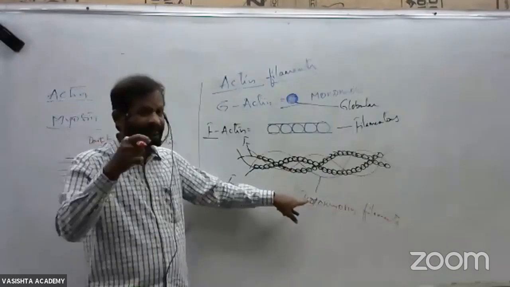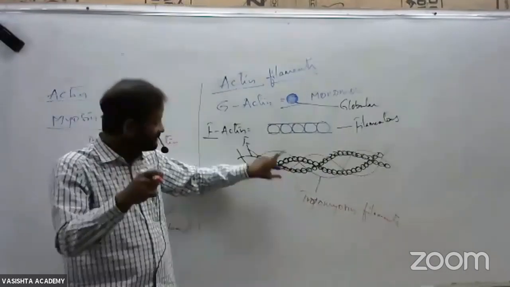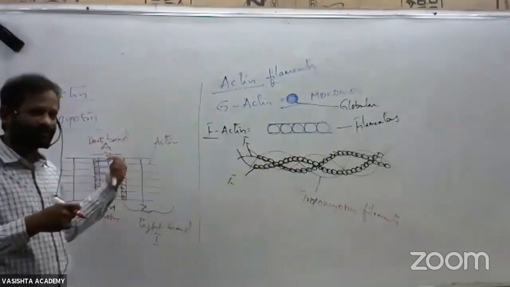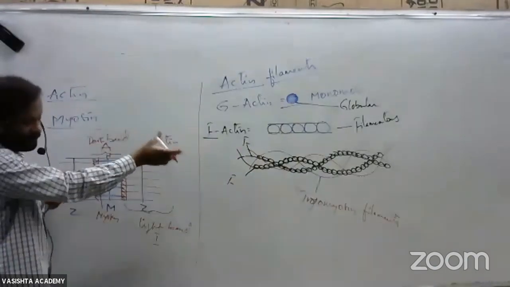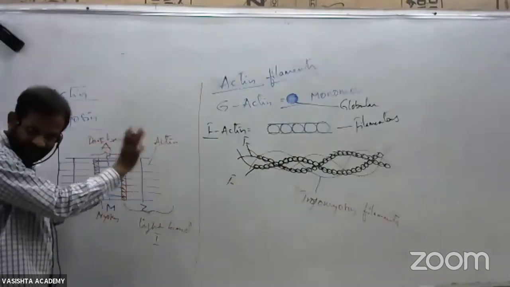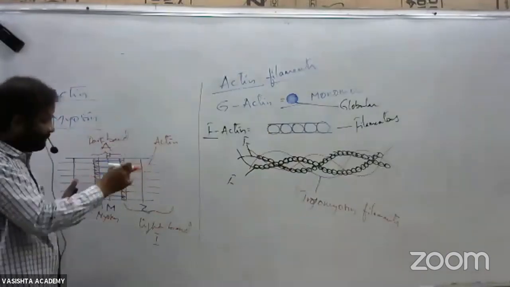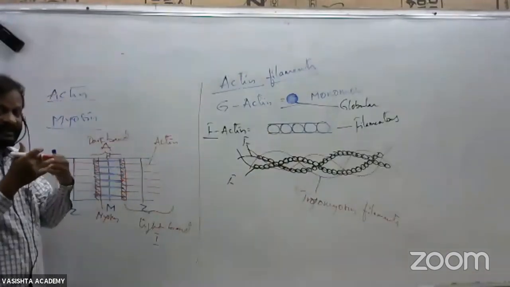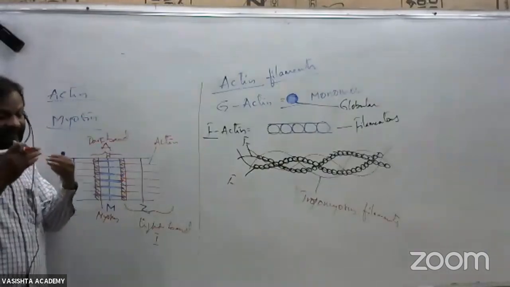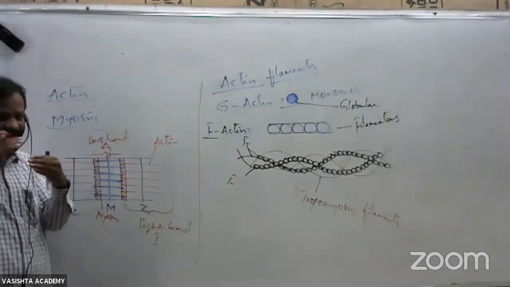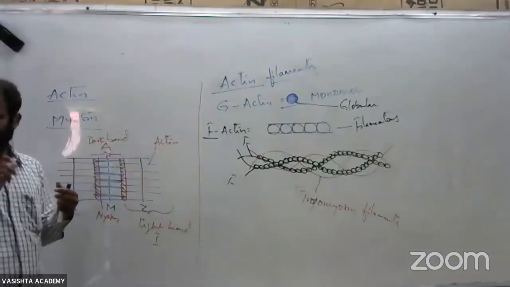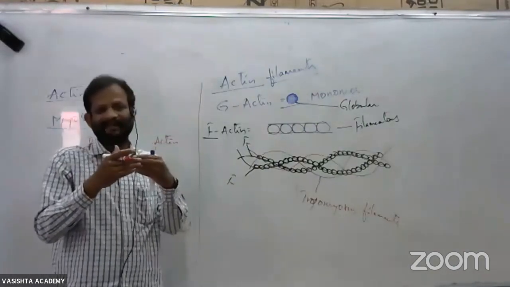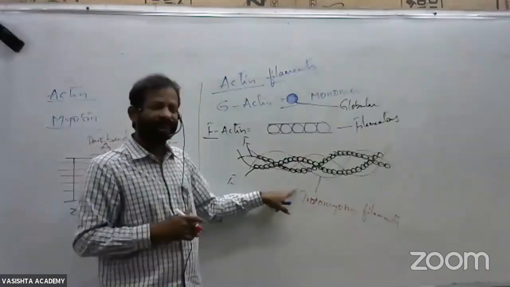Here that association is necessary. That's why for that binding ability, tropomyosin filaments will help.